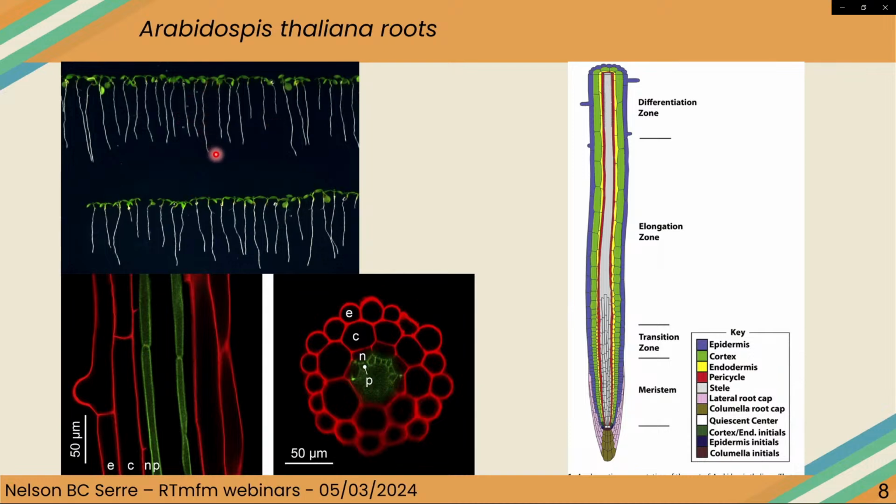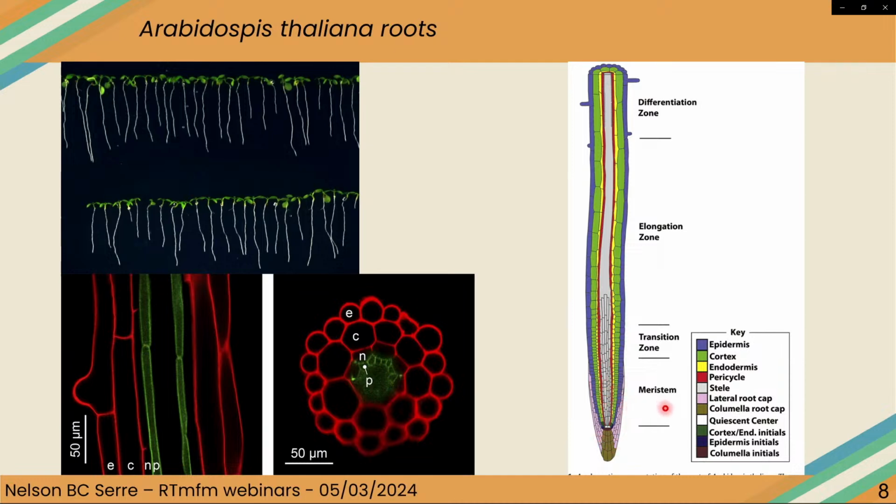And here we can only see the primary root. All the roots of Arabidopsis thaliana are very nice for microscopy because they're about 100 microns wide. They only have a few tissues, and they also have zones which we know how to recognize. They are composed of the root cap, which protects the root when it goes into the soil.